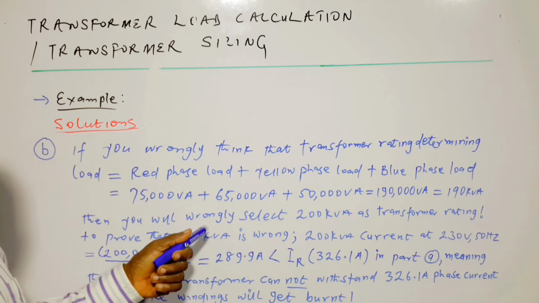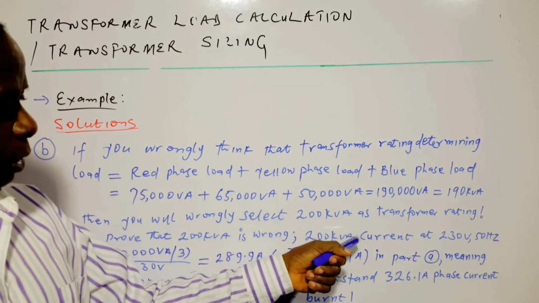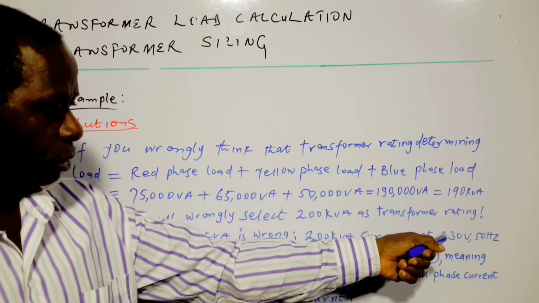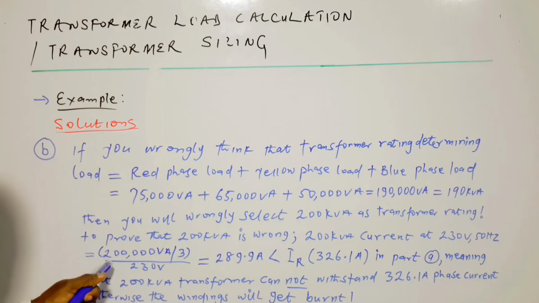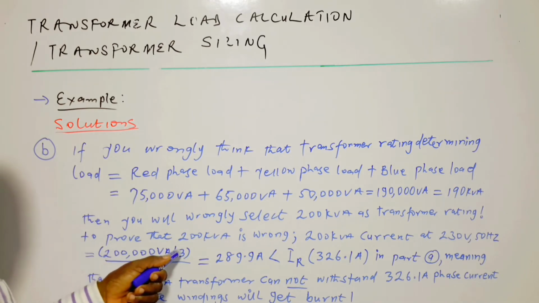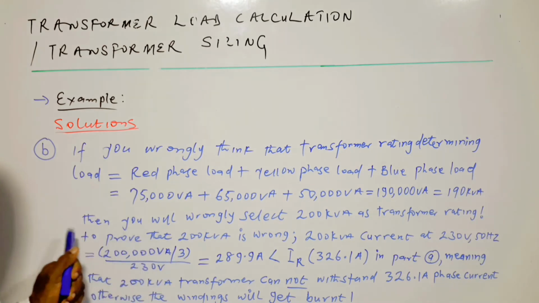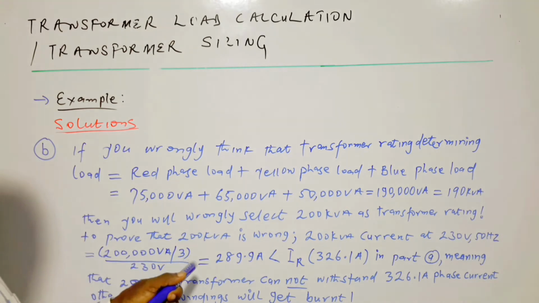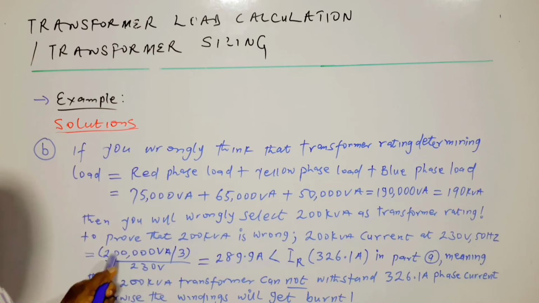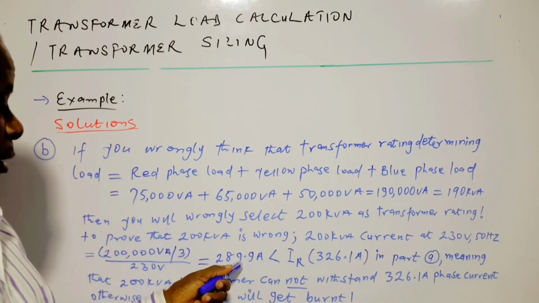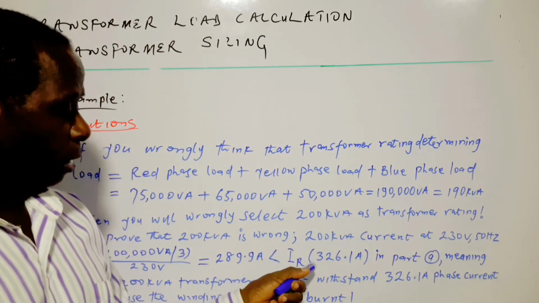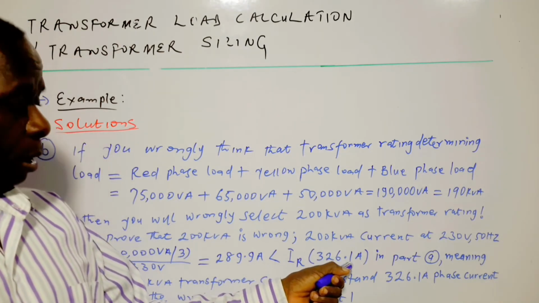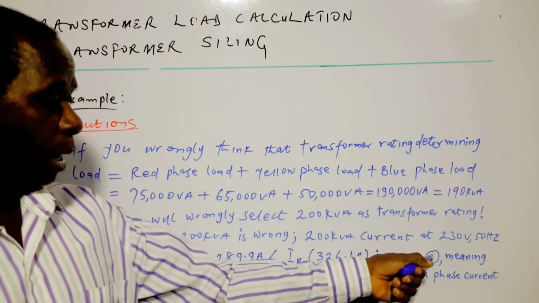To prove that 200 kVA is wrong, the 200 kVA current at 230 volts and 50 Hertz is equal to 200,000 VA divided by 3, and then the result divided by 230 volts, giving us 289.9 ampere, which is less than IR, which is 326.1 ampere in part A.